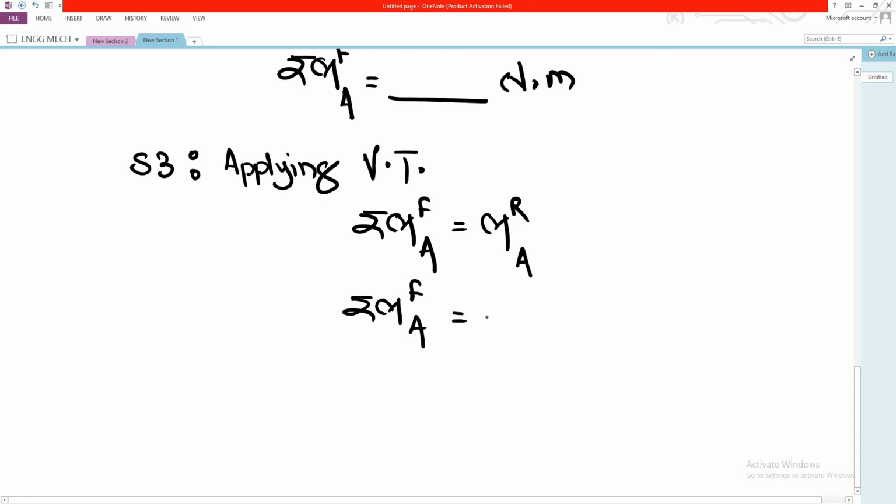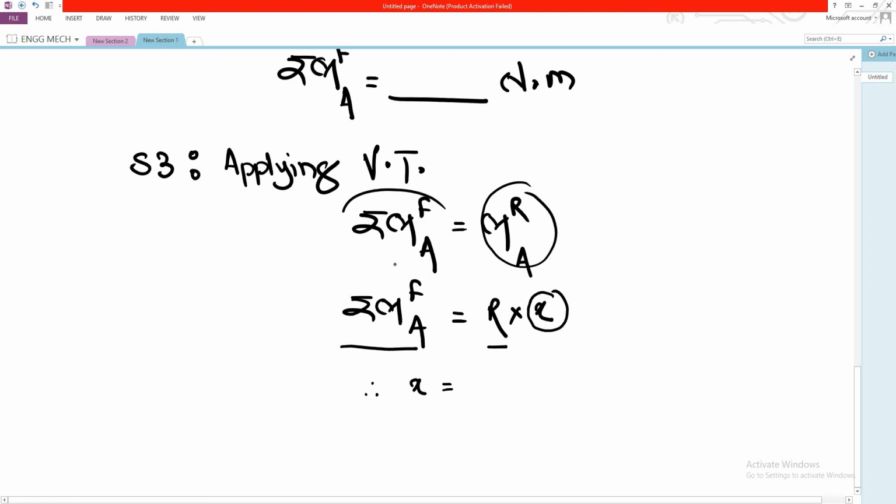Therefore the resultant force here is R, and let's name the perpendicular distance for that resultant, in order to generate that moment, as X. Therefore we can calculate the value of X because the total moment is known and the magnitude of the resultant is known. The only unknown in this equation is X, the perpendicular distance at which the resultant should act in order to generate this moment.